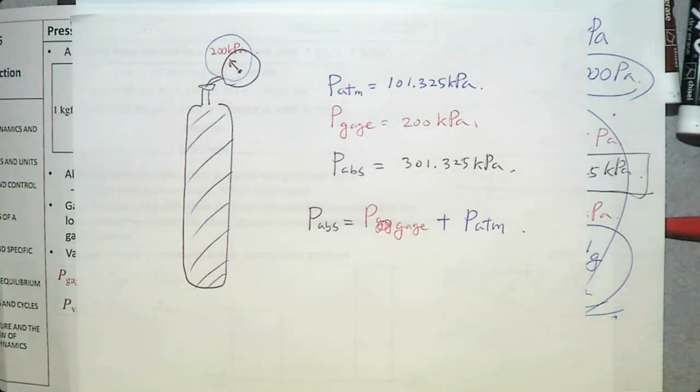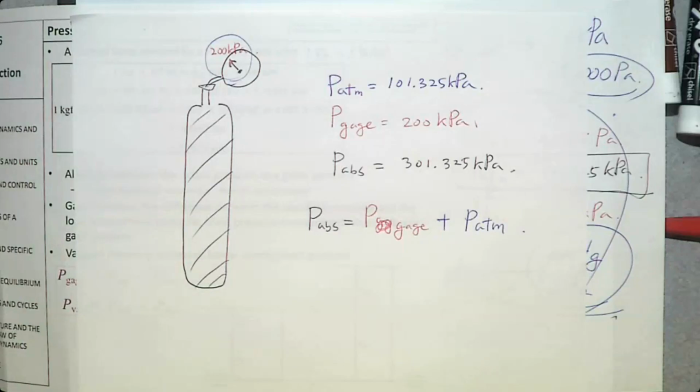Then some people may say, since the pressure measuring device can only measure the difference between the chamber and the surrounding, you can always add the atmospheric pressure and only use absolute pressure. Why do we need to use gauge pressure? Because using gauge pressure is convenient when you study some subjects, like fluid mechanics.